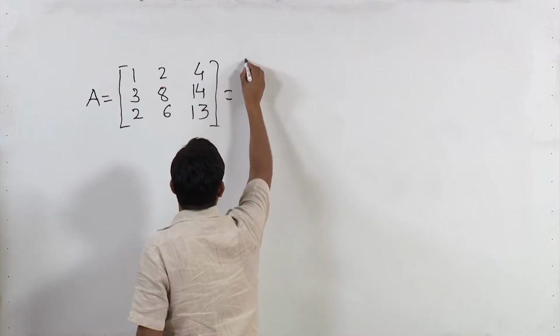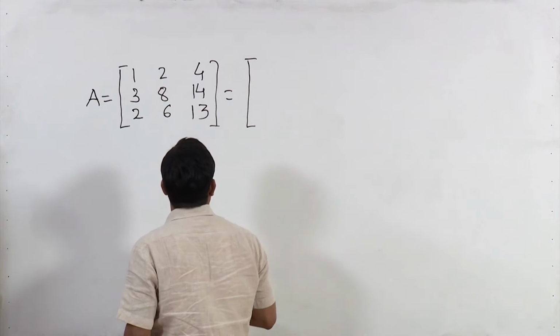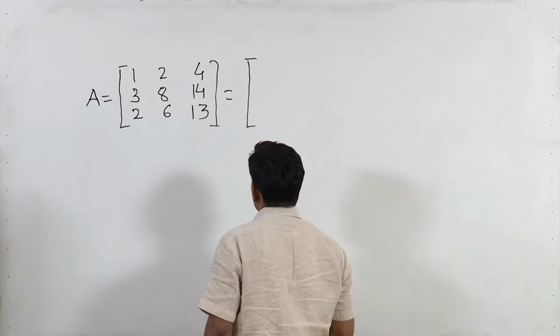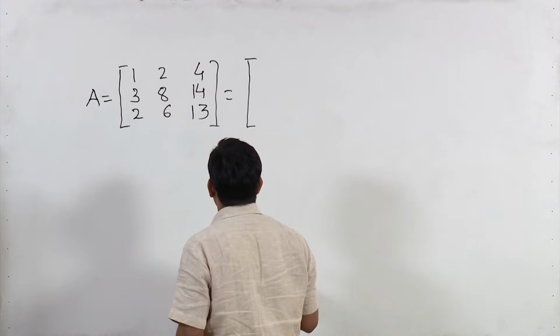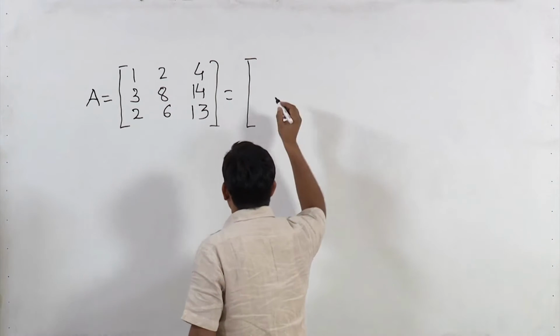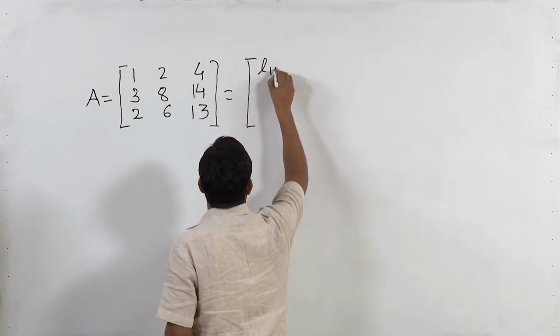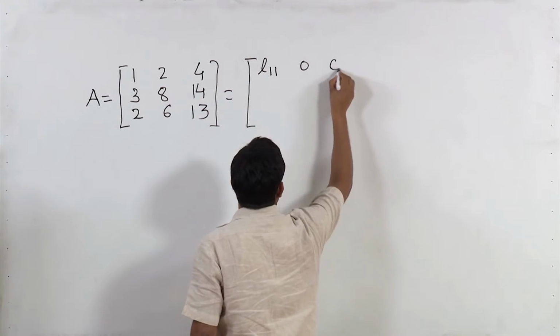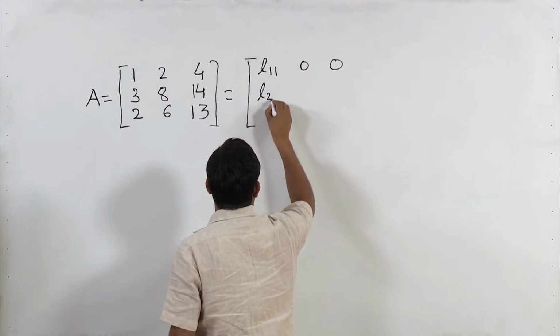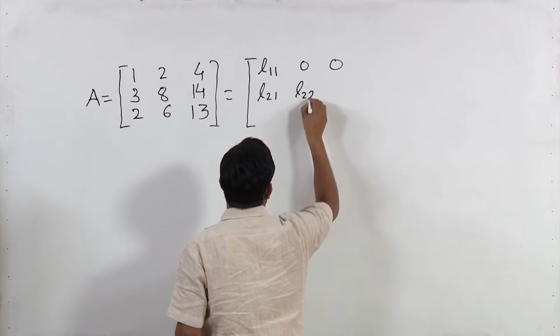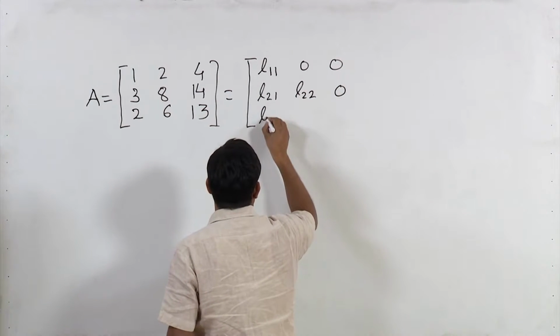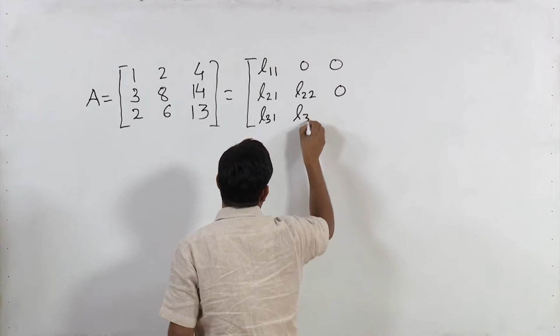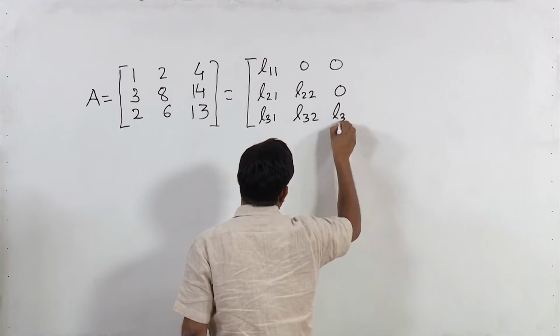Now in Crout's method, when we are decomposing this into a lower triangular matrix and an upper triangular matrix, A equals L11, 0, 0; L21, L22, 0; and then L31, L32, L33.